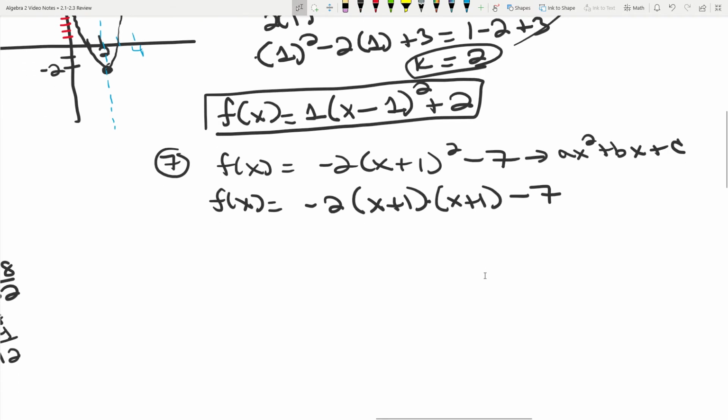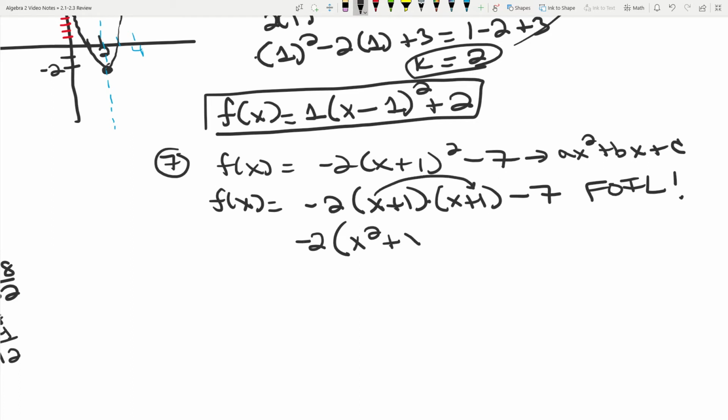Alright, so we got to FOIL this guy. So this is a FOIL. Okay, so we got to do x times x. We're just going to ignore the negative 2 and bring it down. So x times x is x squared. Now x times 1 is positive 1x. Now positive 1 times x is positive 1x.